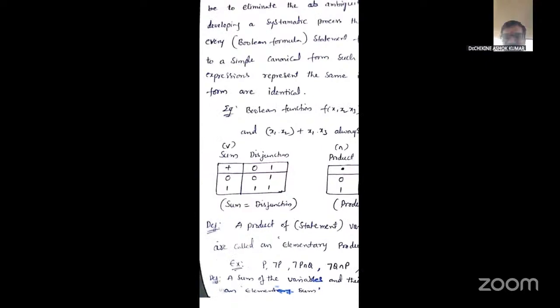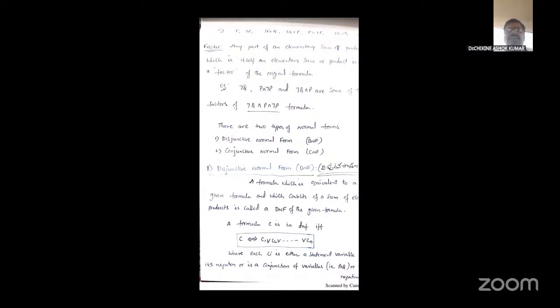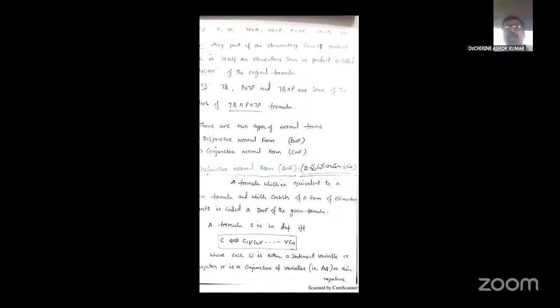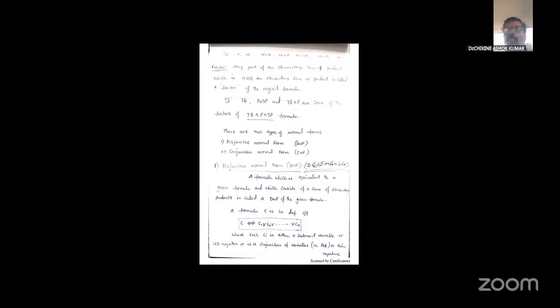For example, P, negation P, or P union Q, or negation P union Q, or negation Q union P, or negation P union negation P. All these come under elementary sums. So we are clubbing more than one proposition with a union combination or sum combination. These are the elementary sums.